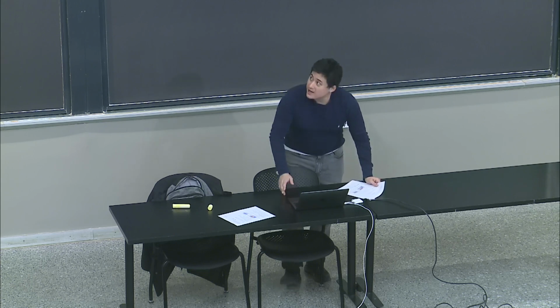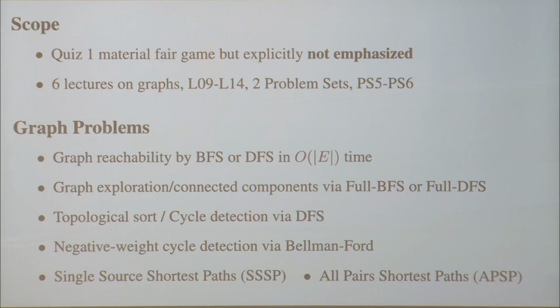Okay. In general, there's lots of graph problems that we've talked about how to solve. There's really a small number of graph algorithms, but they can solve a lot of different problems. So we saw 2 algorithms to solve the graph reachability problem, single source. What is reachable from me, right? And I can only search a connected component of my graph from me, right?